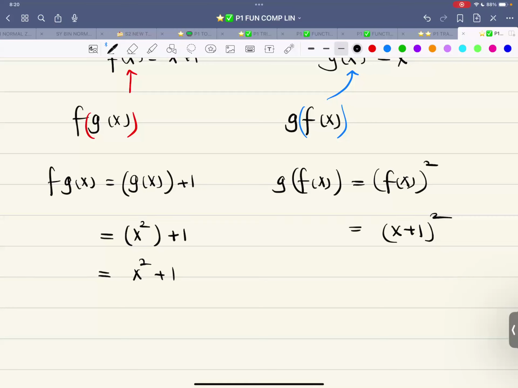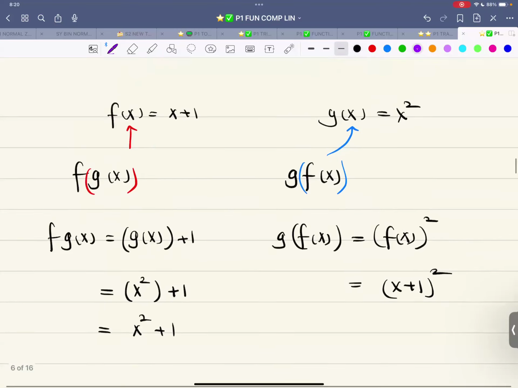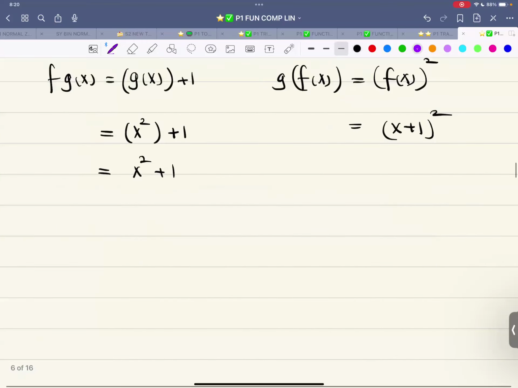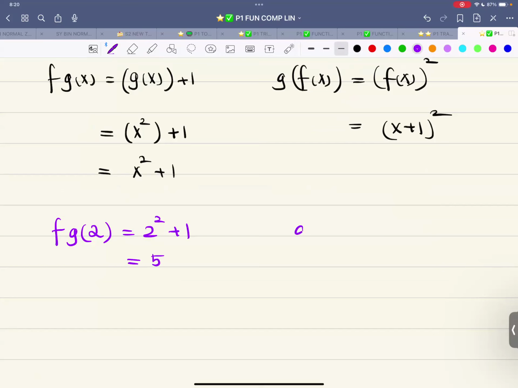So far, so good. Now, let me choose the starting value, which is 2 over here, and let me see which one is giving me 9. So if I evaluate f of g of 2, that is 2 squared plus 1, it's giving me 5. If I evaluate g of f of 2, that is 2 plus 1 whole squared, which is 3 squared.